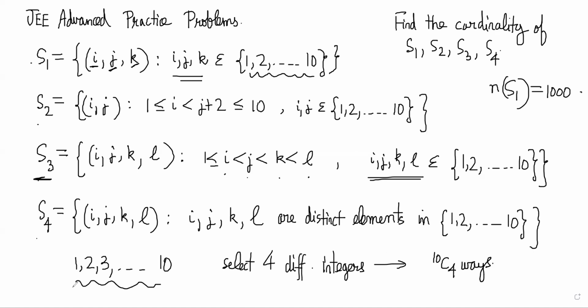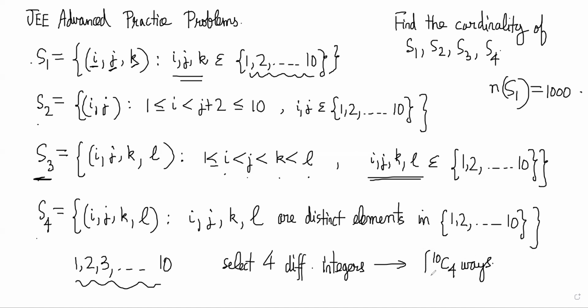And as soon as you have selected any four different integers, obviously those integers are different from each other, so they will follow ascending or descending order, right? So you can name the smallest one of them as i, and j is the second smallest, k is the second largest, and l is the largest, right?